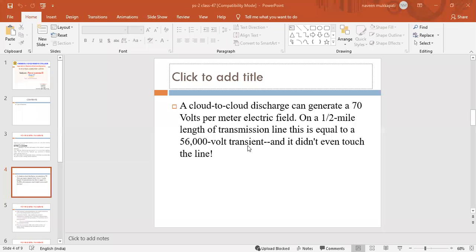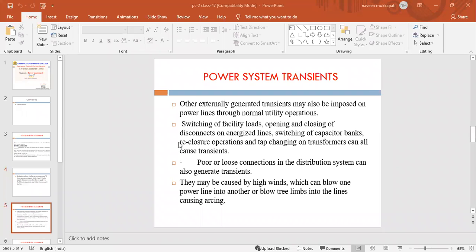These are the external sources that are encountered in power systems. Next, other externally generated transients may also be imposed on the power lines through normally utilized operations.